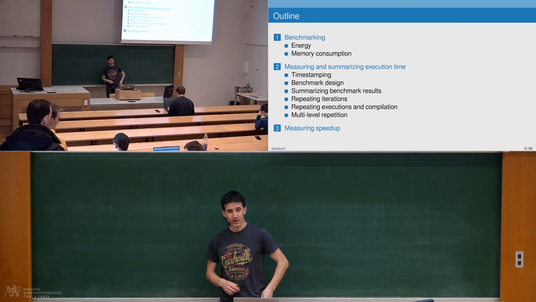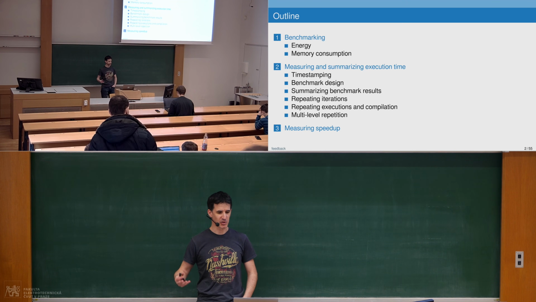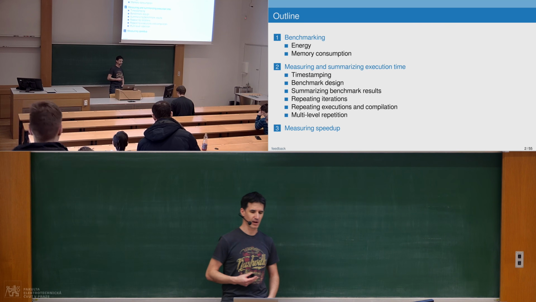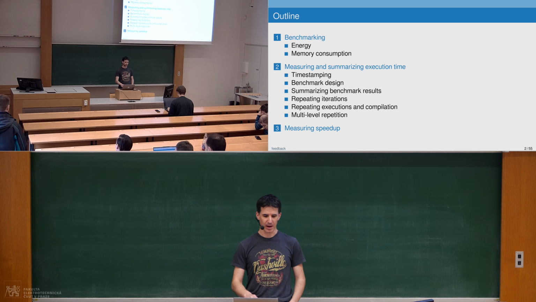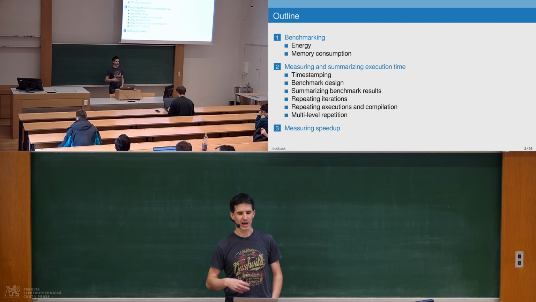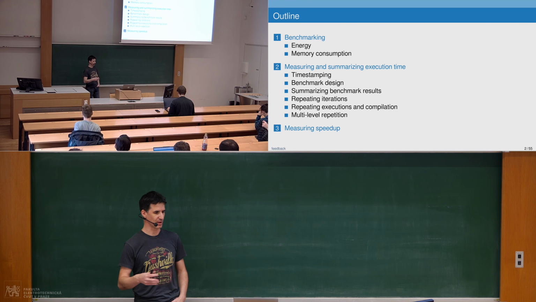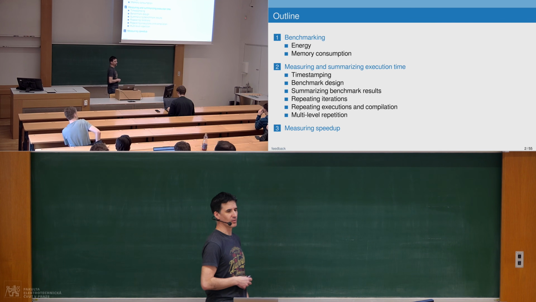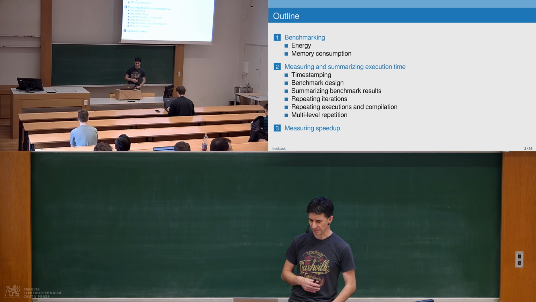So first we will start with a brief introduction: what benchmarking is and how we can approach it. Then we will talk about a big chapter, how to measure timing and how to summarize the results of the measurements, because this is one of the most important parts in benchmarking of computer programs.